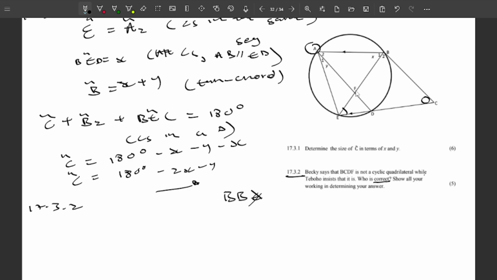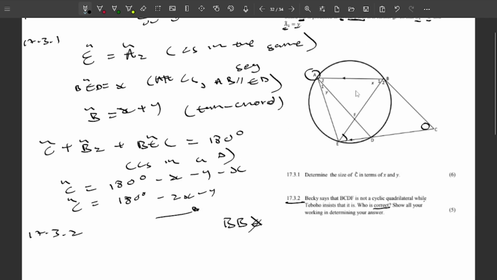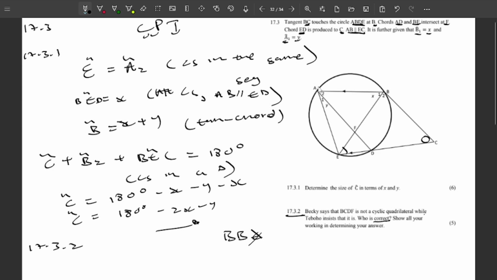Now, let's move on. So, we do know that, let me use my highlighter, ABF is a triangle, right? So since it's a triangle, it has an exterior angle. Now this is the exterior angle, okay? So this means the sum of the interior angles, we're going to get what? We're going to get BFD.